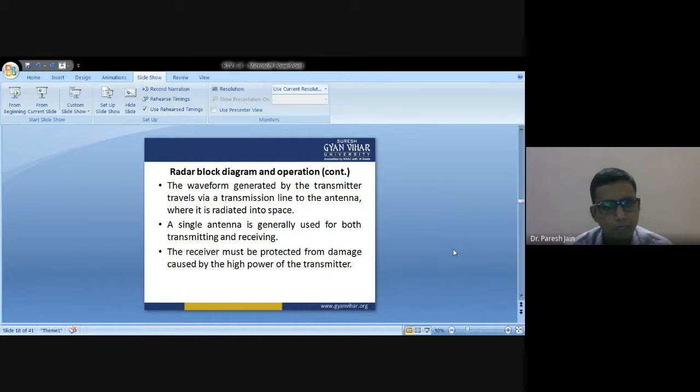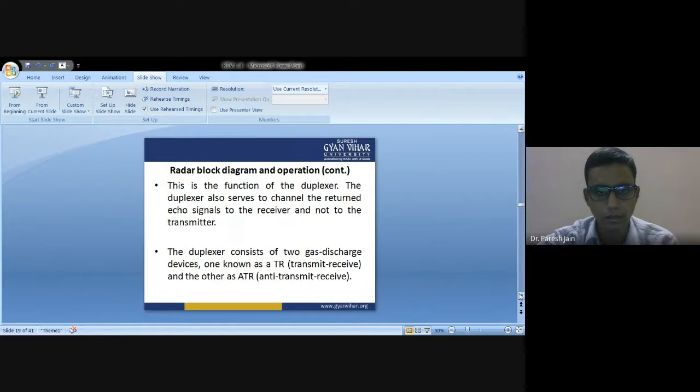The receiver must be protected from damage caused by the high power of the transmitter. This is the function of the duplexer. The duplexer also serves to channel the returned echo signal to the receiver and not to the transmitter.